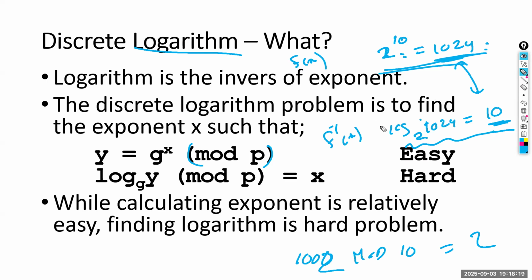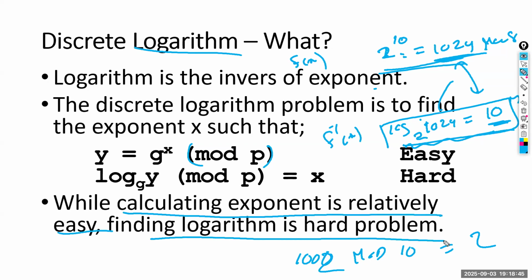This process is relatively difficult, but when we include mod, especially mod prime numbers, finding the logarithm becomes even more difficult. So while calculating an exponent is relatively easy, finding the logarithm is harder, and it becomes harder when we introduce modular arithmetic.